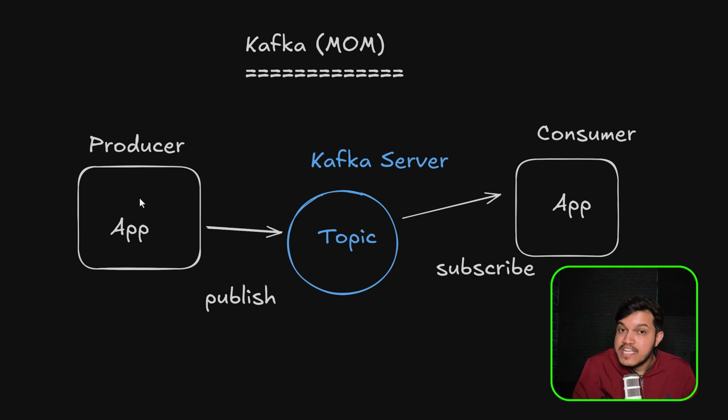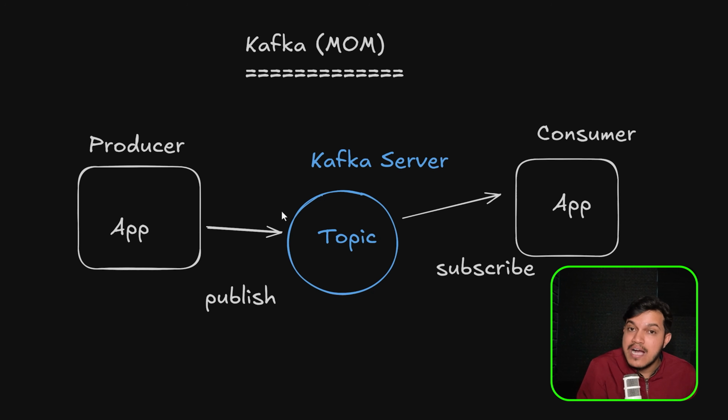Now this application need not know about any other application. That means whatever data I'm producing, who is consuming it, it need not know, and it is not going to get connected to any other applications or services directly. So its responsibility is to generate the data and publish the data into the message broker, the middleware component.